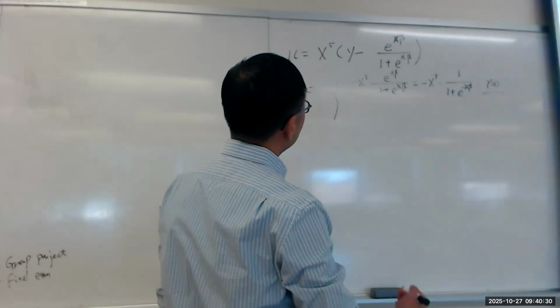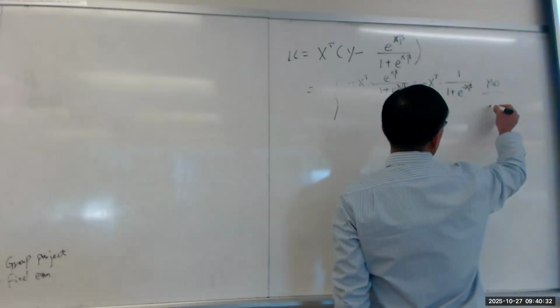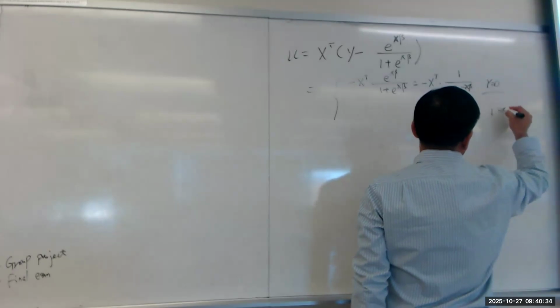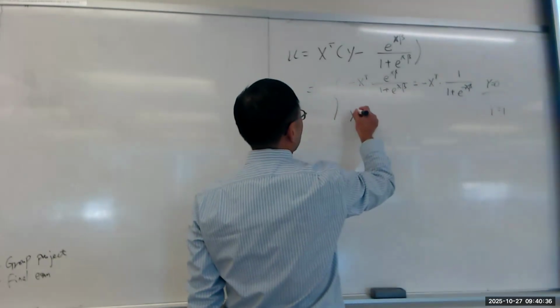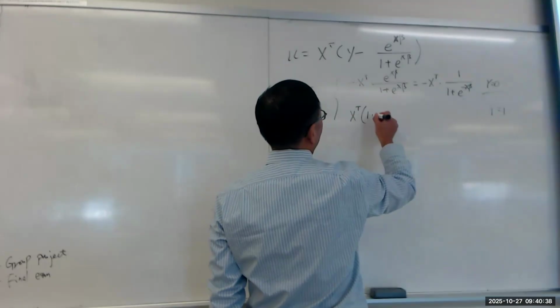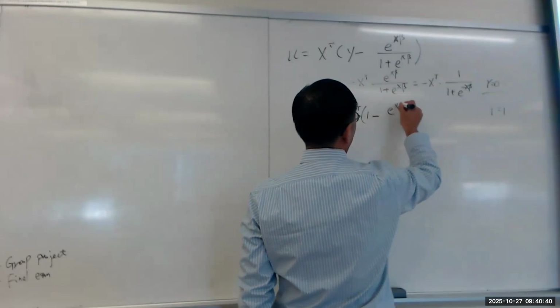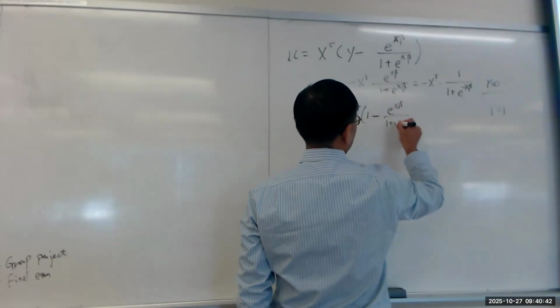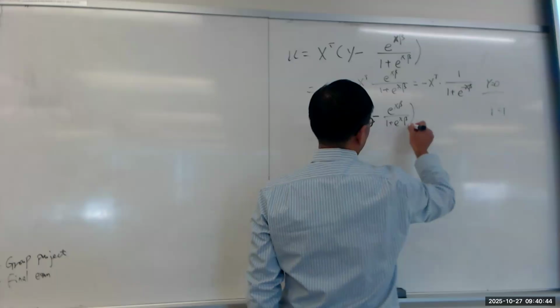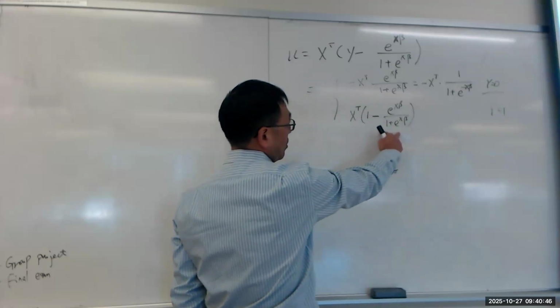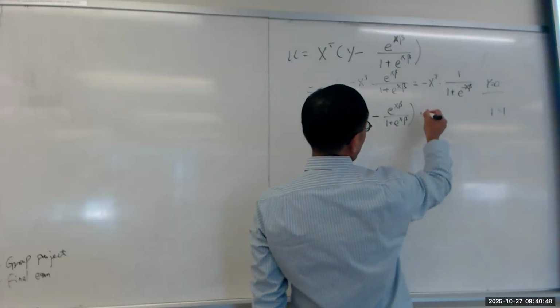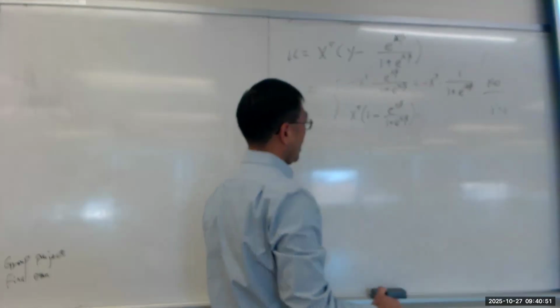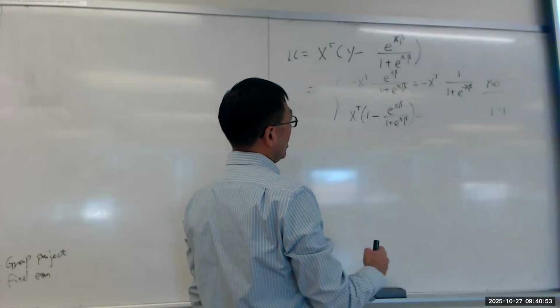Now, when y is equal to 1, what you have is x transpose times 1 minus e to the x beta over 1 plus e to the x beta. Remember, these are all vector operations, but it is essentially the same as a scalar.